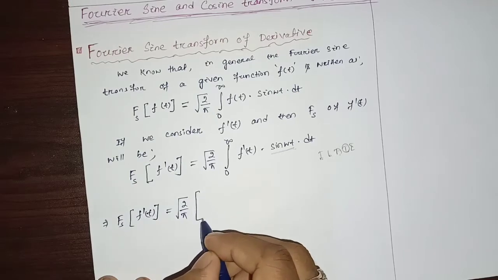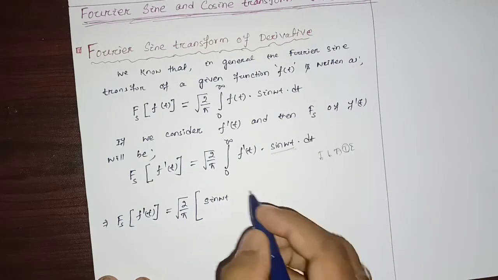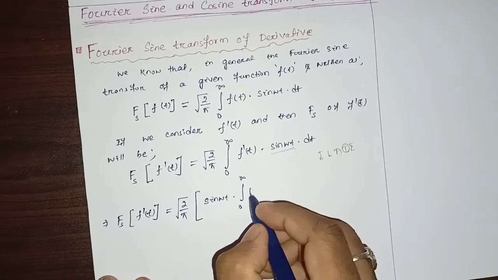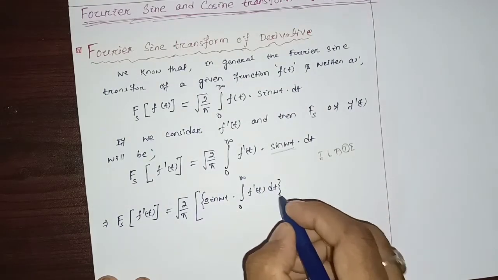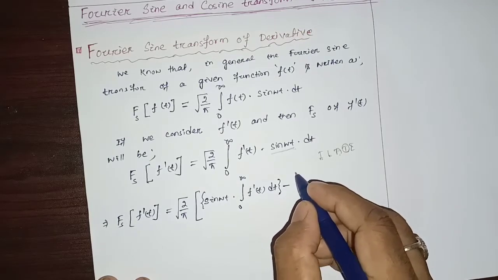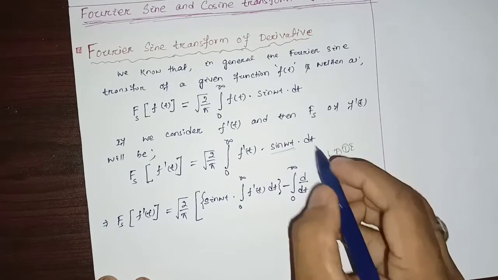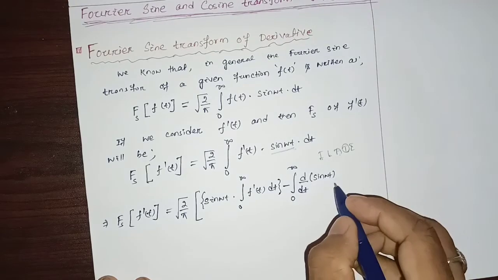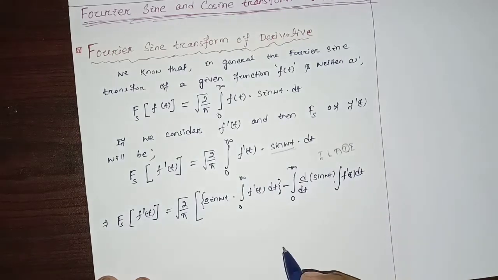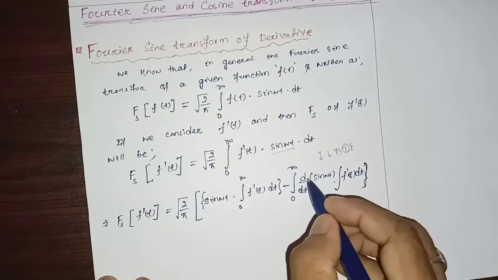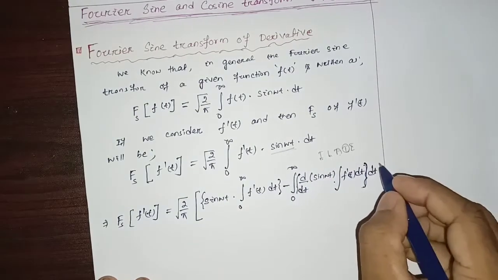So this one is the first function, so sin(omega t) into the integral from 0 to infinity of f dash t dt, then minus the integral from 0 to infinity of the derivative of the first function with respect to t, then again the integration of the second function f dash t with respect to t, and again the whole integration dt, close the bracket.